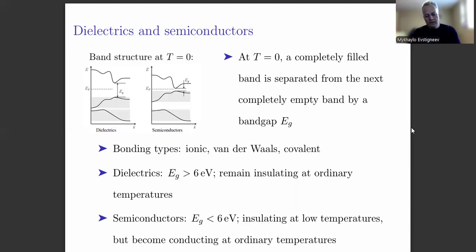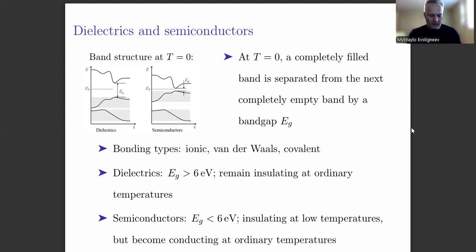There is some subtlety. Covalent bonding can be characteristic for both insulators and semiconductors.